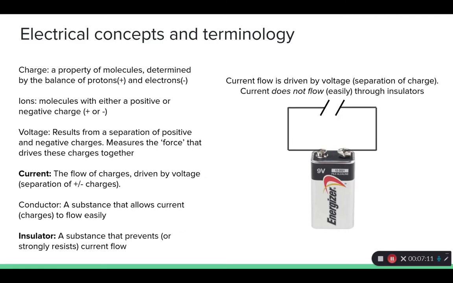If we were to introduce a gap in this wire, let's say a vacuum or an air gap, then the current would no longer flow through the wire because air and a vacuum are insulators. Any substance that prevents or resists the flow of current is usually called an insulator.